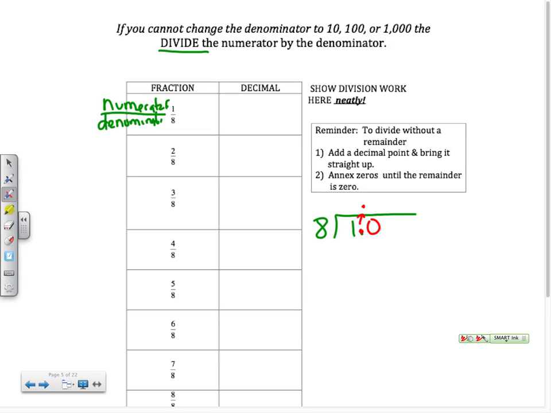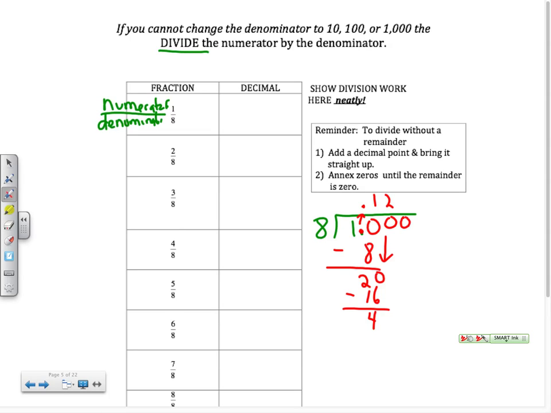Bring the decimal up. 8 won't go into 1. It will go into 10 one time. 1 times 8 is 8. Subtract, you get 2. Got to get rid of that remainder. Add another 0. Bring the 0 down. 8 goes into 22 times. 8 times 2 is 16. Subtract, we get 4.